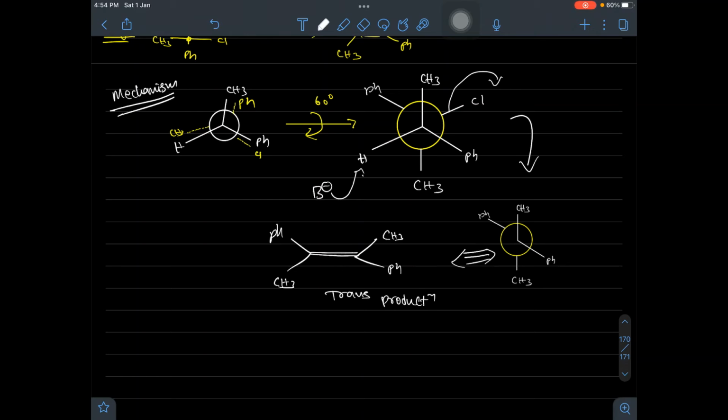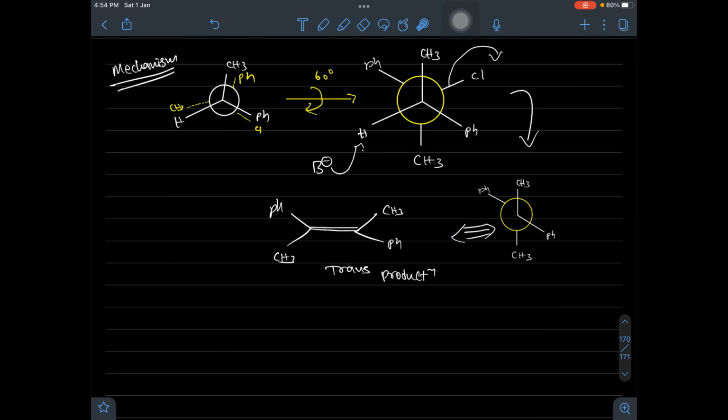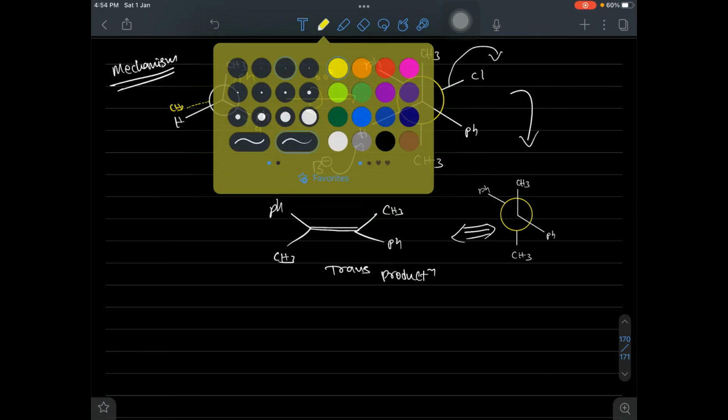This is anti-elimination. Halogen and beta carbon hydrogens are present in opposite directions, so trans elimination is happening and it leads to formation of the trans compound. Even a cis compound is possible, but the arrangement will be different.